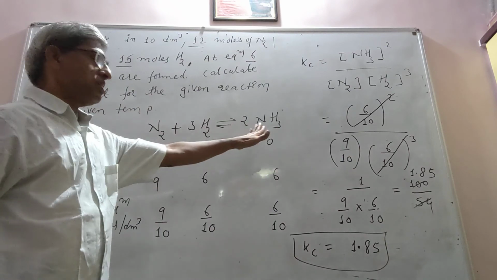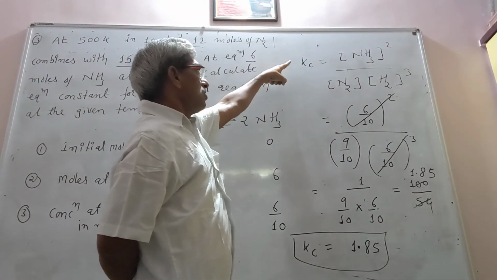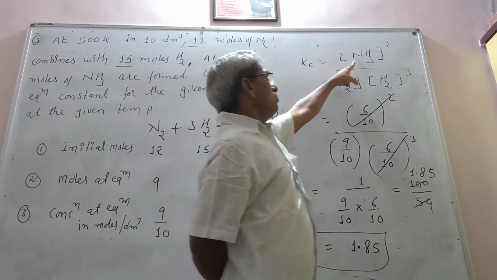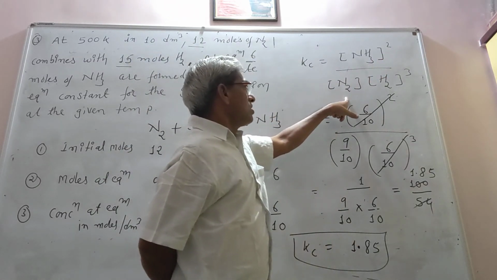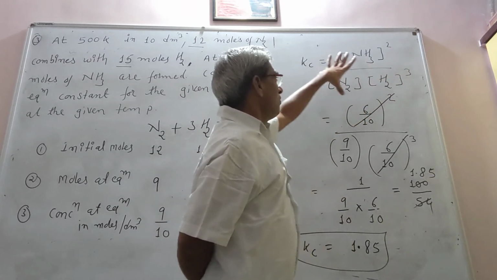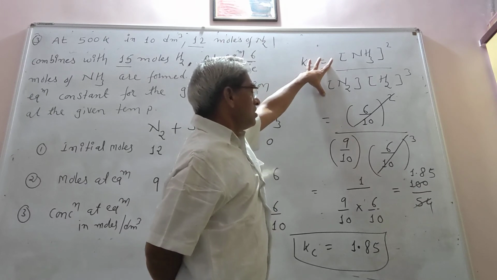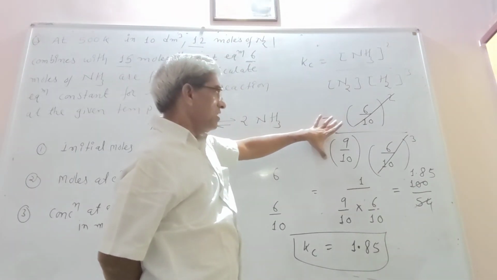These are the concentrations of these species. We applied the law of mass action and we get Kc equal to active mass of NH3 raised to 2, active mass of N2, active mass of H2 raised to 3. We have the values of these concentrations. By putting the values of concentration, we get this.